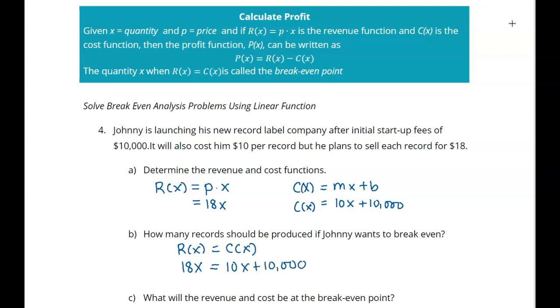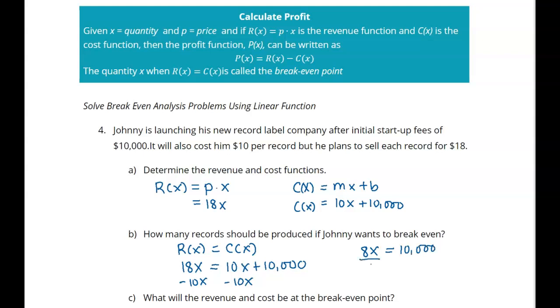And then we solve for x. So we can subtract both sides by 10x. Then we have 18x minus 10x, that gives us 8x, and this 10x minus 10x will just be 0. So that is equal to 10,000.